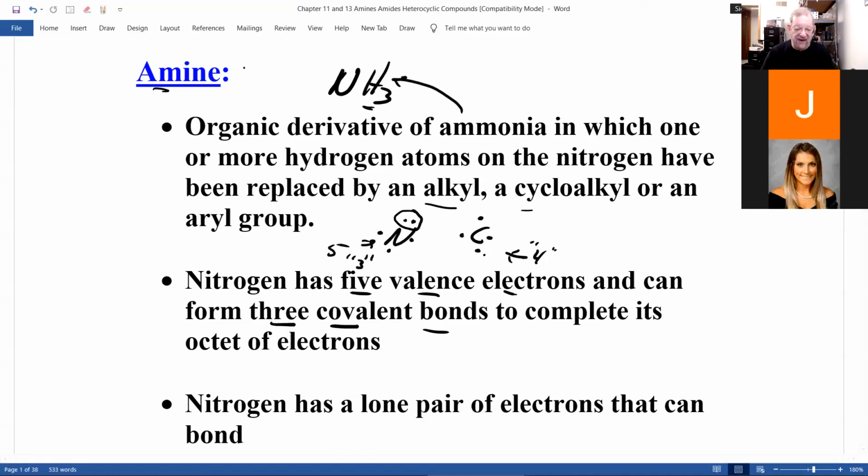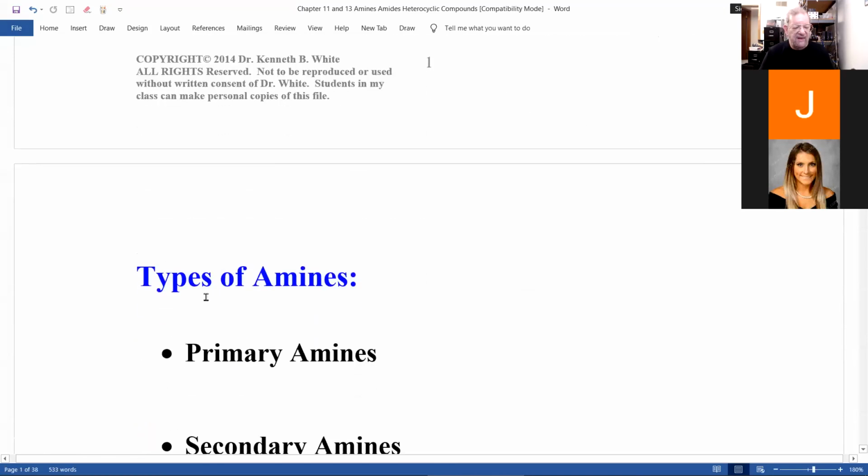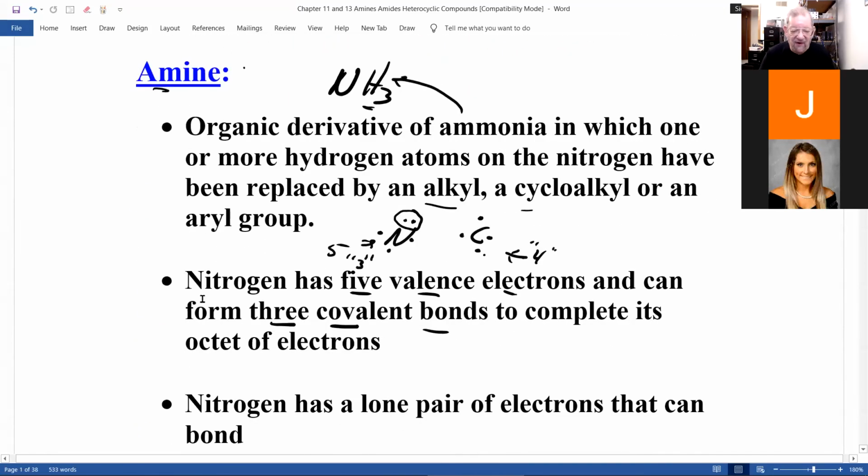And in special cases, nitrogen can have 4 bonds to it. So this gets a little confusing. For amines, you always have 3 bonds to nitrogen, unlike carbon, which is 4. Amines, 3 bonds. But in other things I'll teach you, sometimes nitrogen can have 4 bonds.